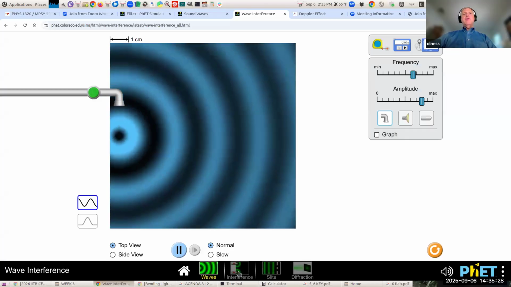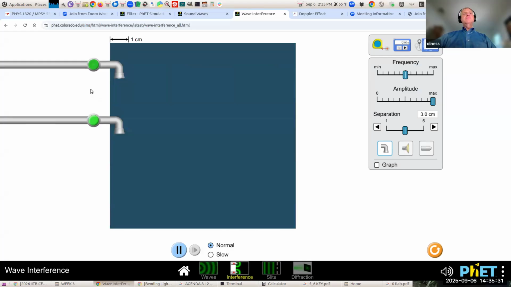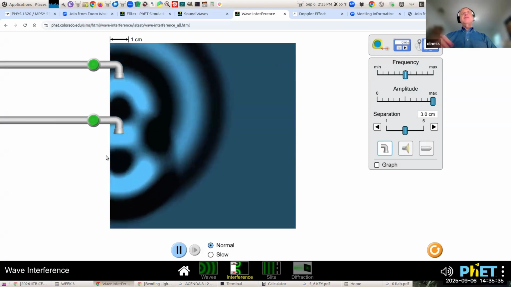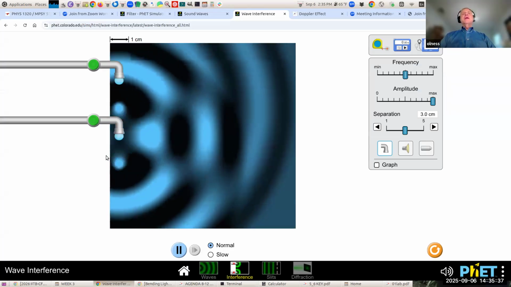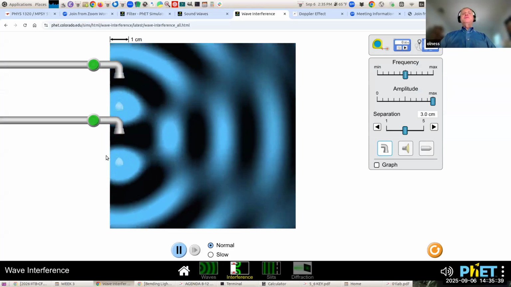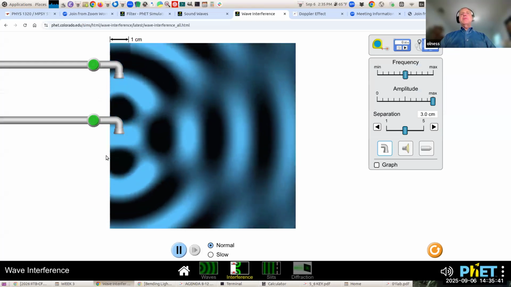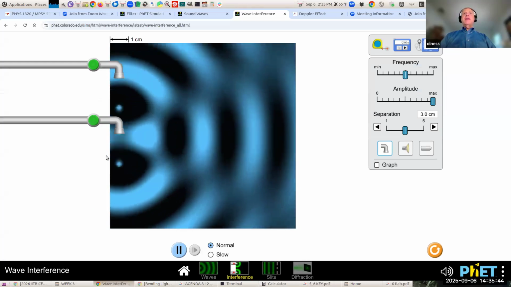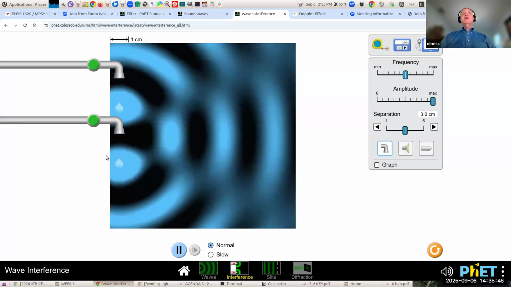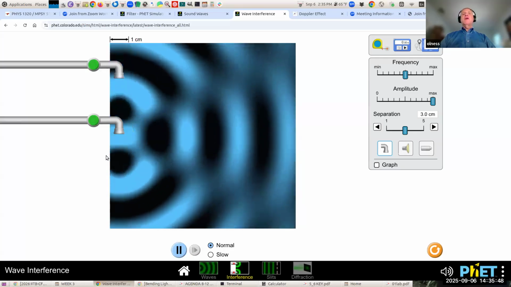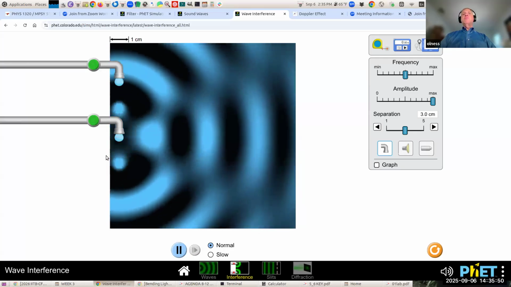But now, if I have two sources going out, the waves will add up. In some places, if I have a crest and a crest, that'll give me a big crest. In some places, I'll have a trough and a trough, and that will give me a low point.